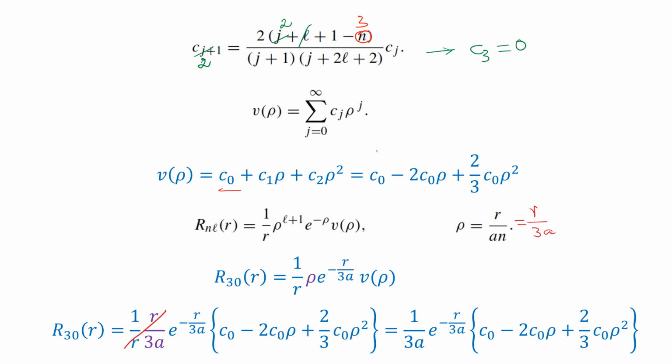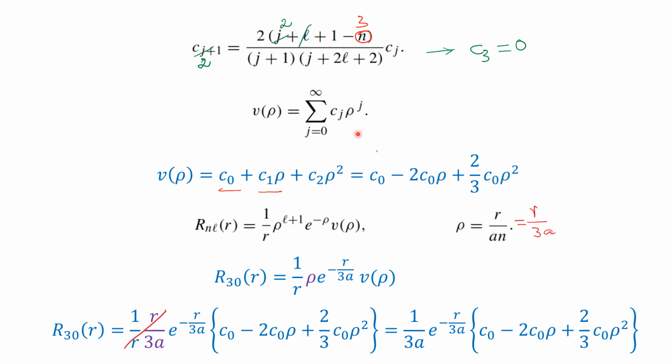Next is c1, j is 1, c1 rho, just the second term. The third term is c2, that is j equal to 2, c2 rho squared.